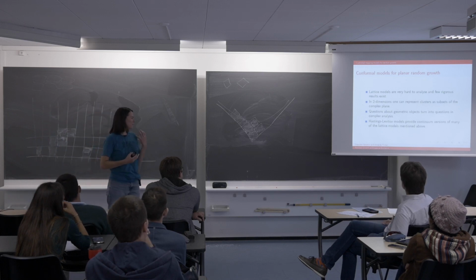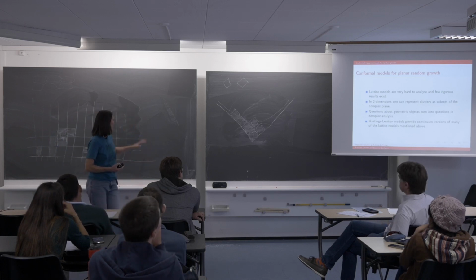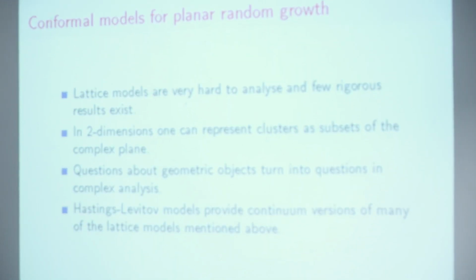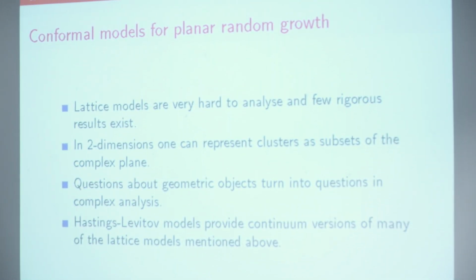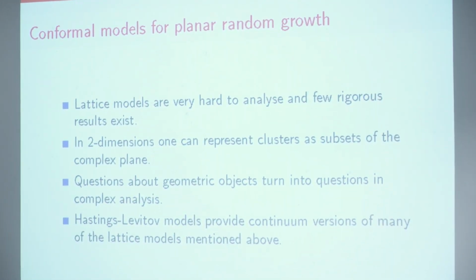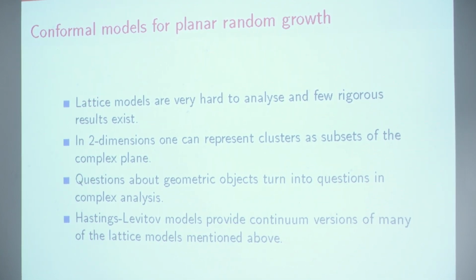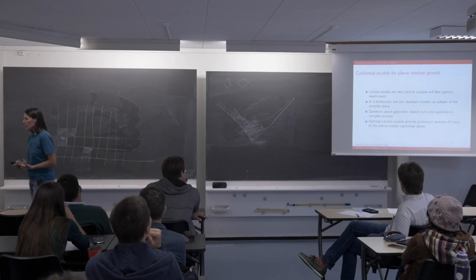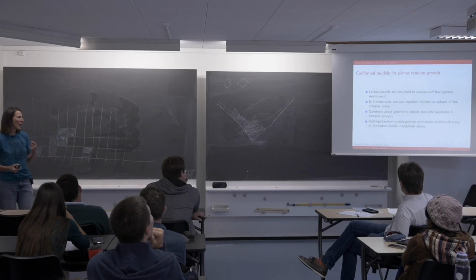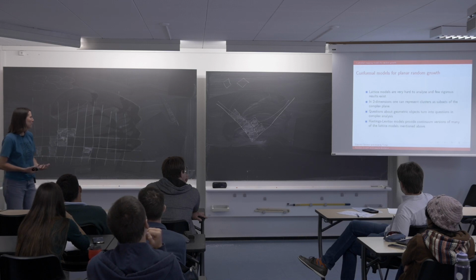So the nice thing about lattice models, they're very easy to explain what's going on. You can draw a picture, you can visualize it. They're kind of nice, simple, discrete models to describe, but they're extremely hard to analyze. And there's very, very few rigorous results about them. And one of the reasons that they're so hard to analyze is we haven't really got any tools.